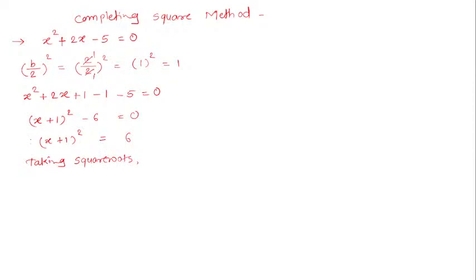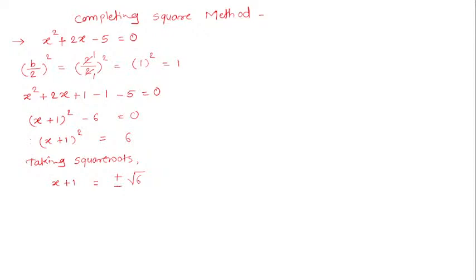If you take the square root on the left hand side, square and square root will get cancelled. So we have x plus 1 is equal to the square root of 6, as 6 is not a perfect square, so that should stay in the square root sign. And as we are taking the square root, we should consider both the positive and negative signs. That's why the square root of 6 is either plus root 6 or minus root 6.